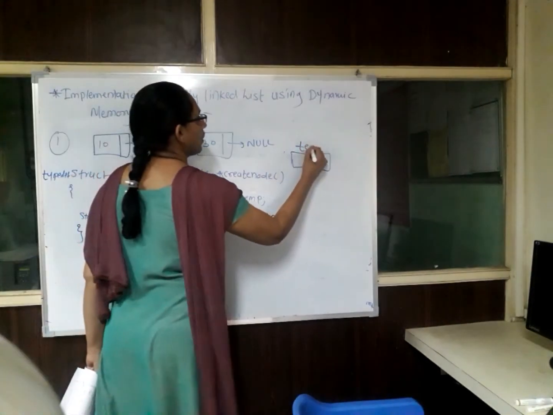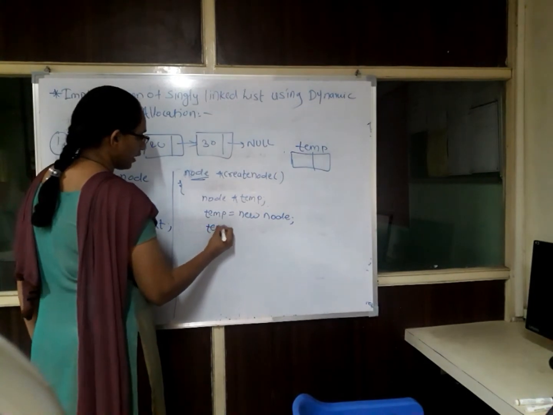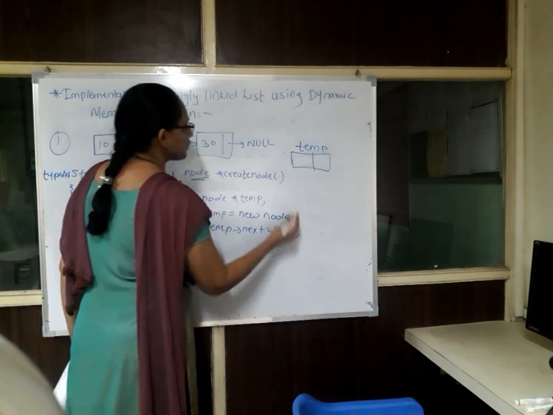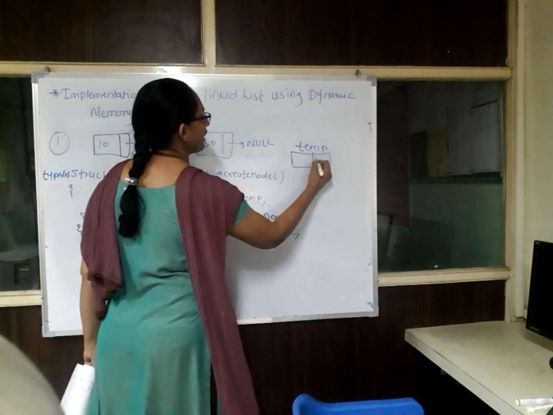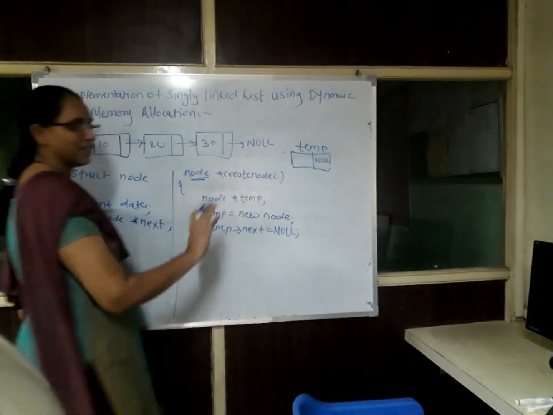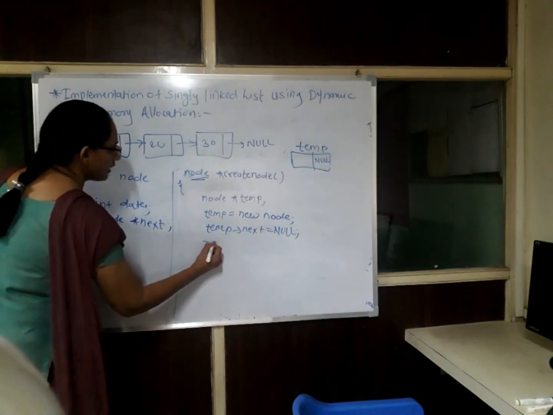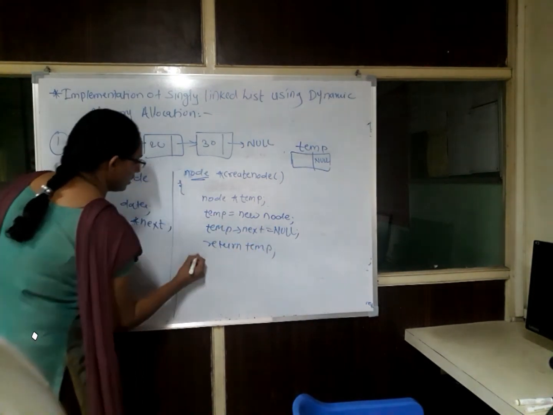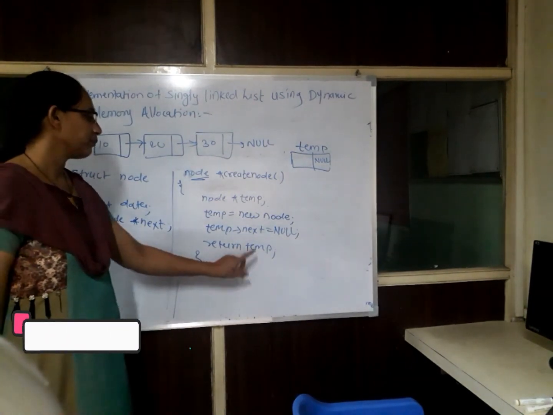After that, temp of next is equal to NULL, because only one node we are creating by using this function. So its next is made NULL. This node is not linking to any other, it is a single node. So make next as NULL and return the address of this newly created node.